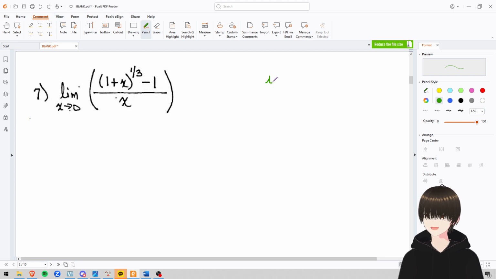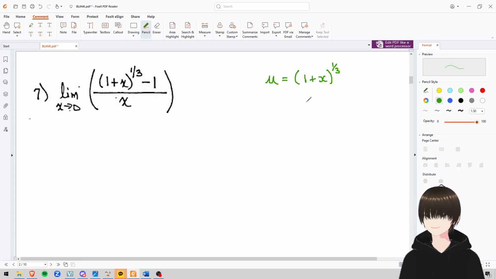Okay, so the letter U, not mu, it is not the physics one, Daniel, it is U. And that is going to be substituted for 1 plus x to the power of 1 over 3. Okay? This, therefore, means what for the other variable?